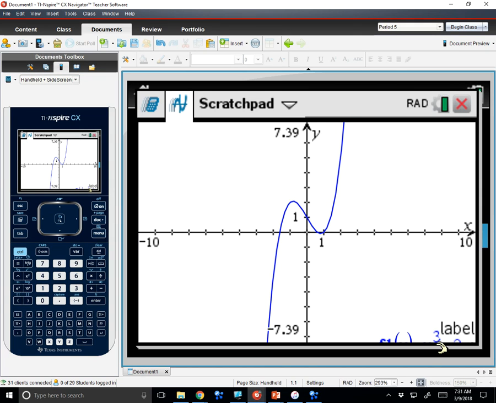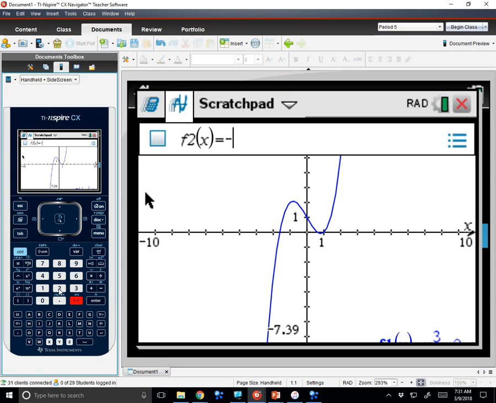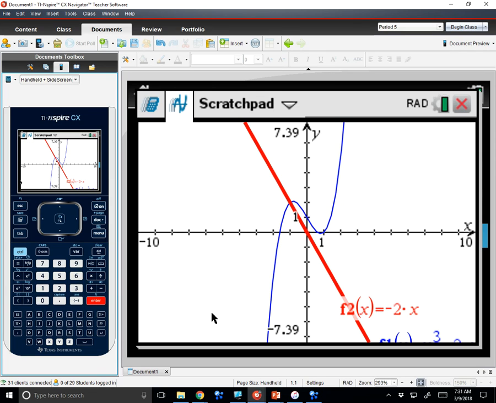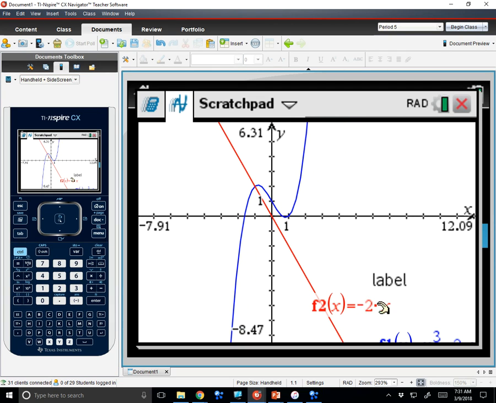And then we've got negative 2x is my other function. Okay, go ahead and sketch that on your paper.